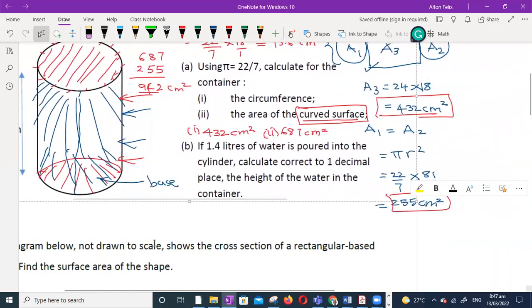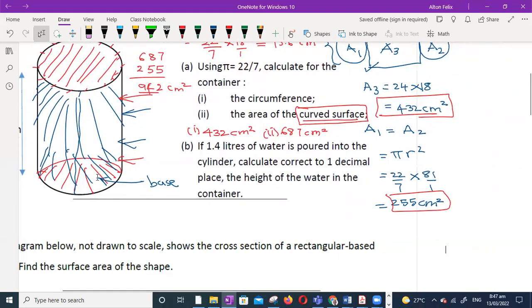Okay, let's just drag across. I'll work it like that. So in part B, they told us 1.4 liters of water is poured into the cylinder. Calculate to 1 decimal place the height of water in the container.